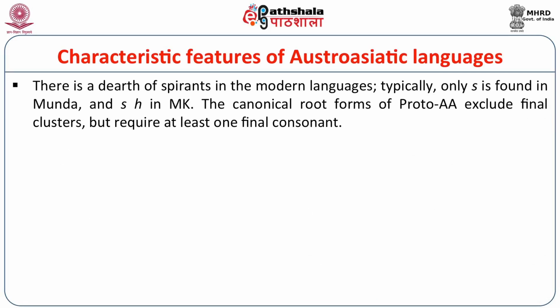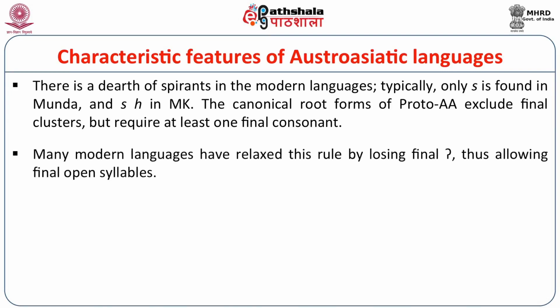Typically, only S is found in Munda and S and H in Mon-Khmer. The canonical root forms of Proto-Austroasiatic exclude final clusters but require at least one final consonant. Many modern languages have relaxed this rule by losing the final glottal stop, thus allowing final open syllables.